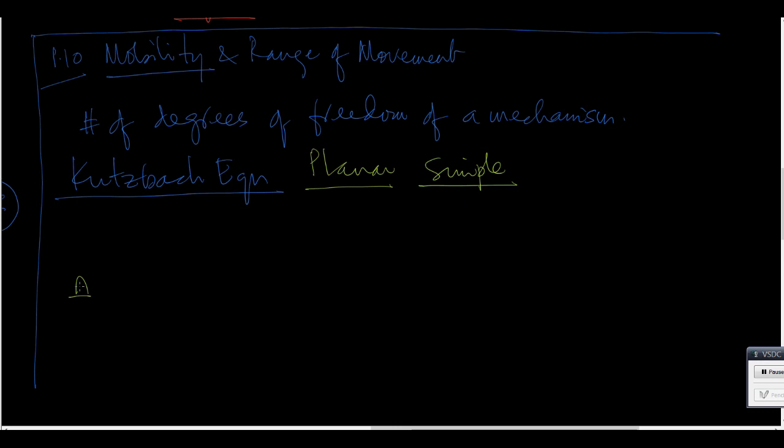Suppose I have a link like this. Suppose I have this linkage. This hinge is a problem, right? Because it connects one body here, one body here, one body here. It actually connects 3 bodies.